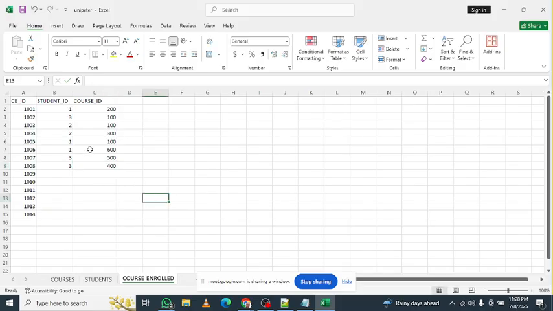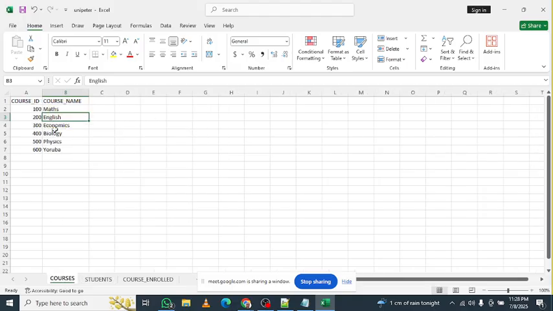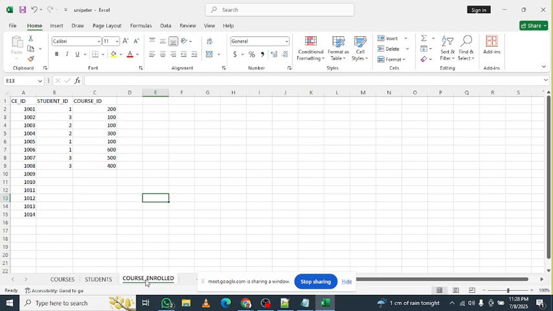Good. Now look at the 3 students. I just focus on the first 3 students. That's the way it's going to be for the rest of the students too. Each one of them is enrolling for different courses. If you look at it, this person with ID 1 enrolled for 200.